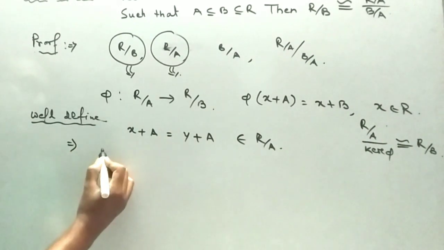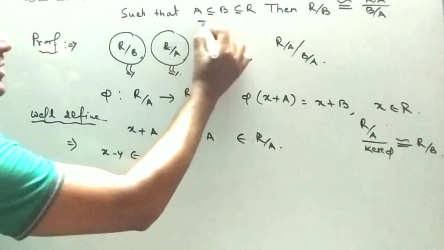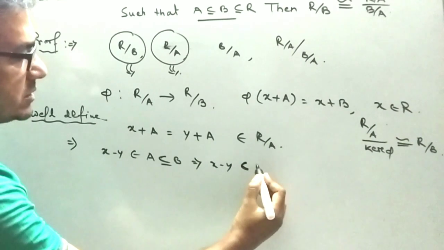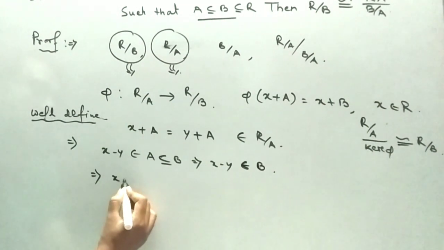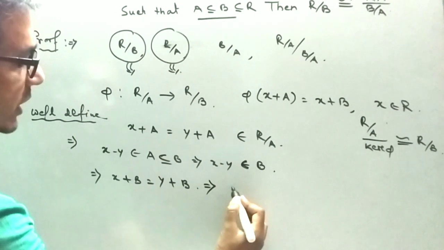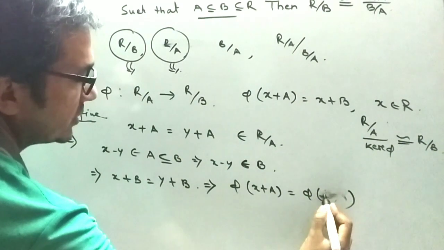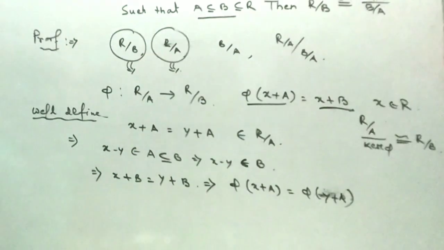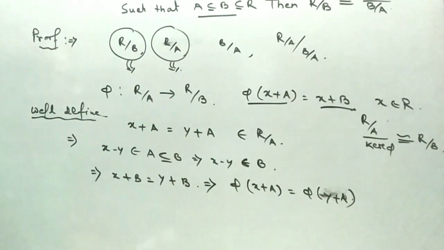Then this implies x minus y belongs to A, and A is a subset of B, that is x minus y belongs to B. That is, we can write x plus B equals y plus B. So we write phi of x plus A equals phi of y plus A. From the definition, x plus B equals phi of x plus A and y plus B equals phi of y plus A. That is, if two elements of R/A are equal, then their images are also equal.